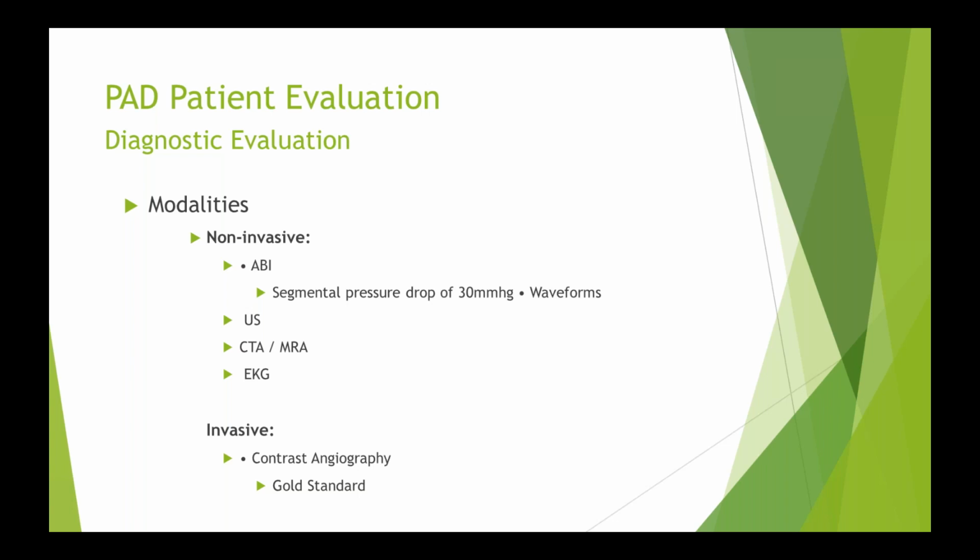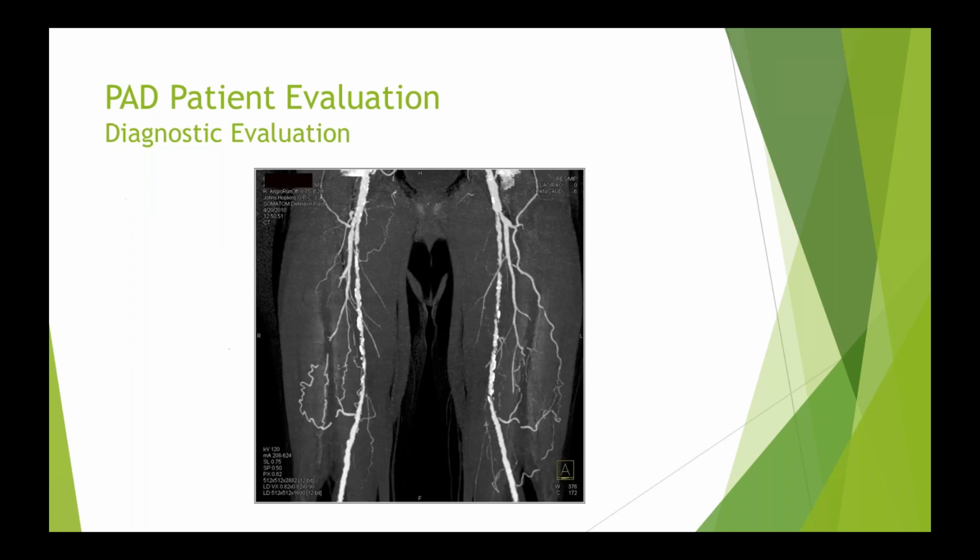EKG can be helpful to show if the patient is in normal sinus rhythm or has some sort of dysrhythmia or AFib. So this is a typical picture of a patient with extensive peripheral arterial disease. You can see some significant multifocal narrowing.